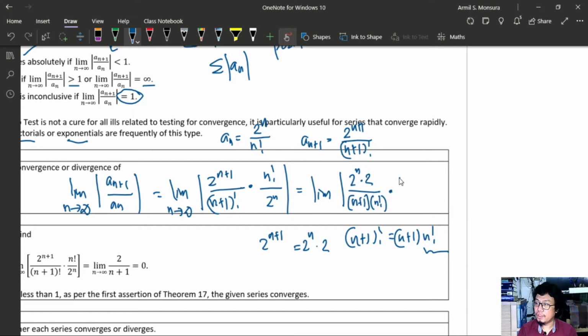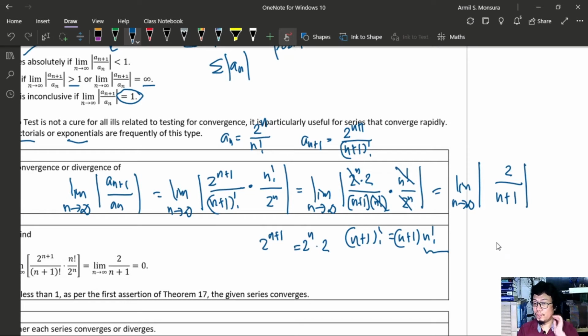Then let's multiply it with n factorial over 2 raised to n, and evaluate the limit as n approaches infinity. Those factors cancel themselves out, while this n factorial and this n factorial cancel themselves out as 1. So this becomes now the limit of 2 over n plus 1 as n approaches infinity, which is positive, obviously.